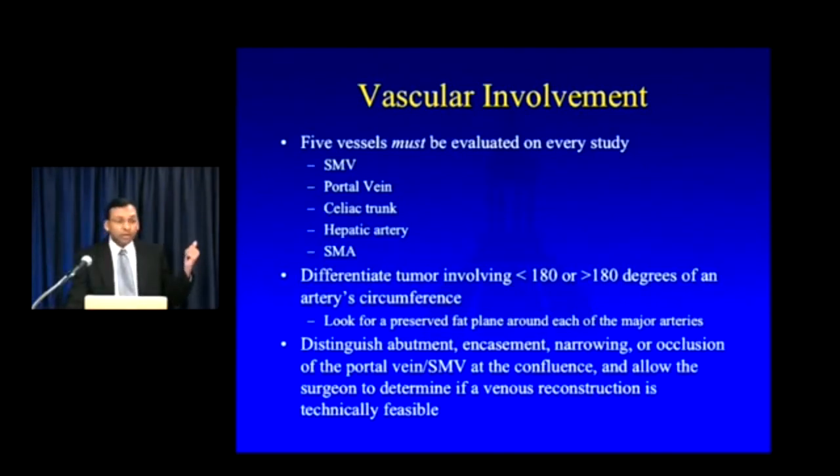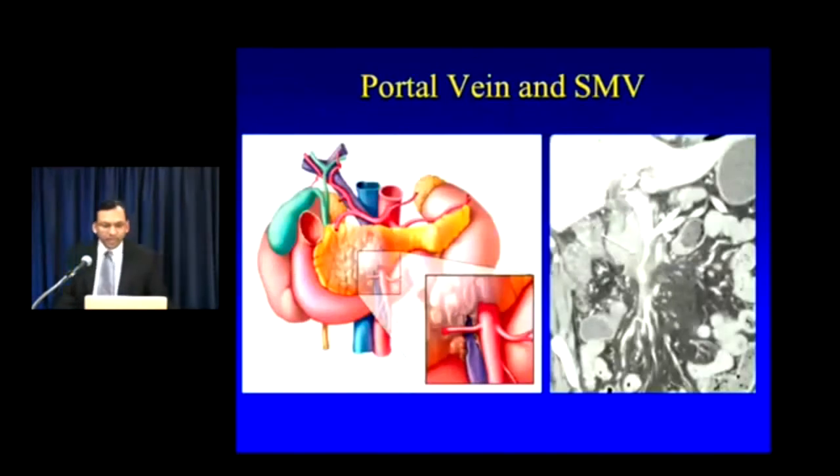Because as I mentioned earlier, venous involvement nowadays isn't quite as much of a barrier to surgical resection, because the surgeons can really do a lot of things in terms of dealing with the vessel, jump grafts and other reconstruction techniques. So venous involvement isn't quite as big a deal. Here's a good example of a patient who has significant venous involvement.